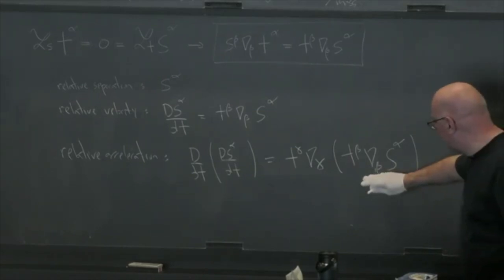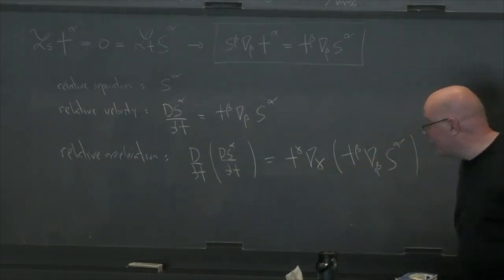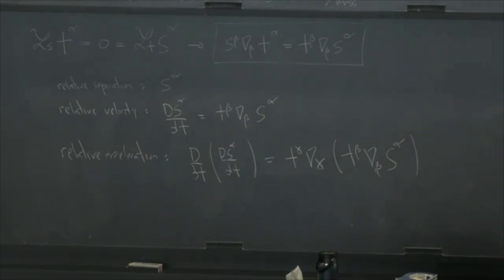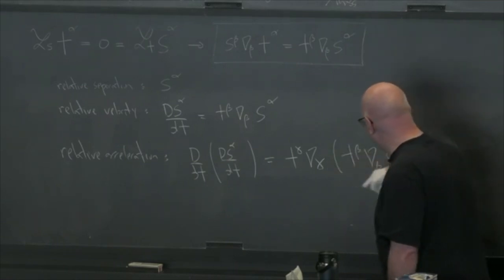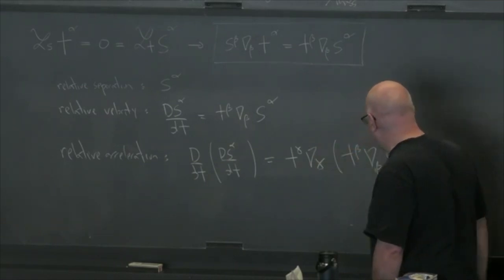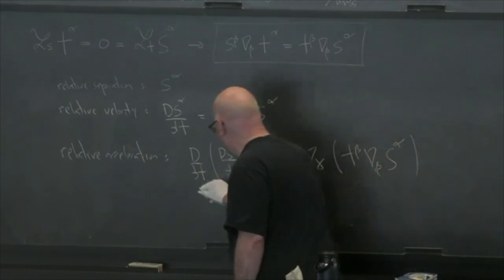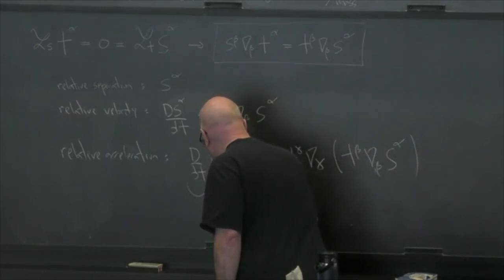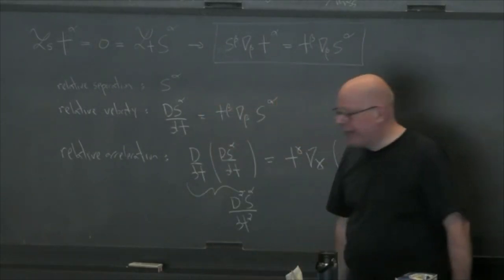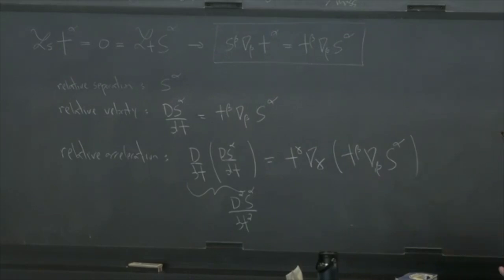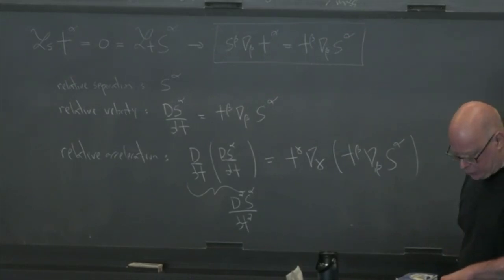So that's the relative velocity. And after another derivative along T, that defines the relative acceleration. So that's what I'm going to use to do the calculation, but I'm still going to express this as T covariant derivative of S with respect to T, and I think that should make it obvious that we're talking about the relative acceleration between two geodesics.